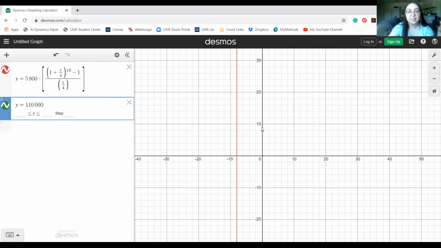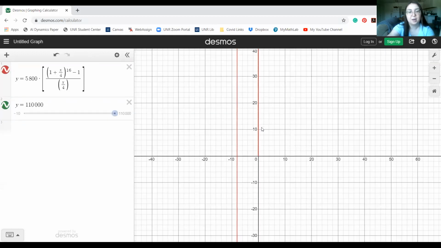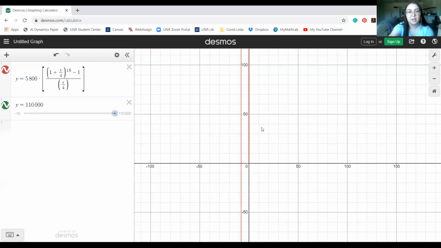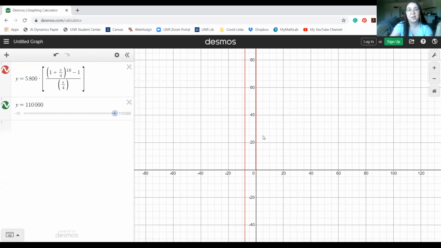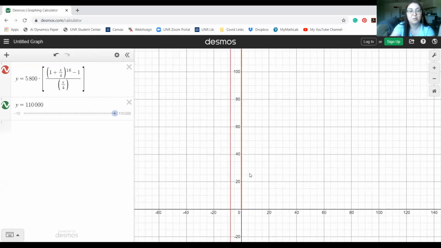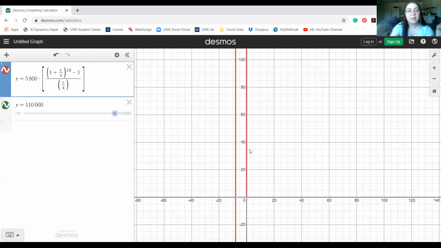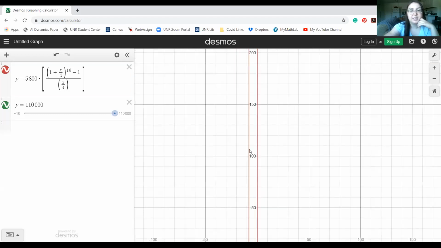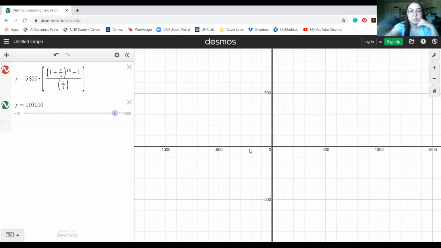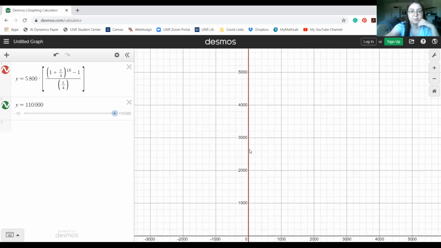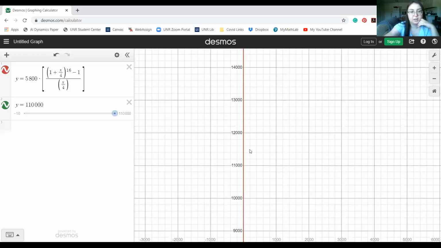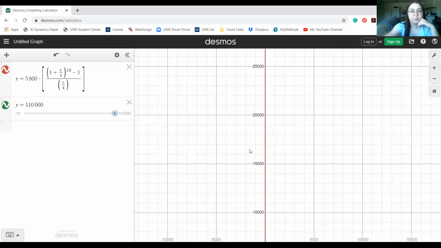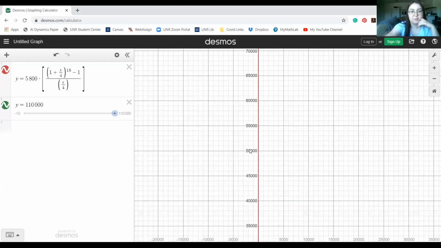All right, so clearly we can zoom out a little bit, zoom in, we see, well, our equation's definitely looking a little crazy here, but we have to go up to 1,100,000, so we're going to zoom out quite a bit here, and we're just going to keep zooming out.